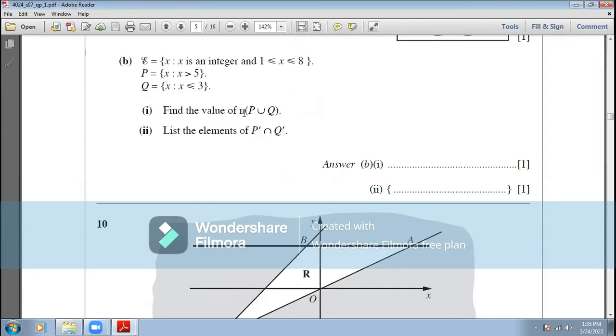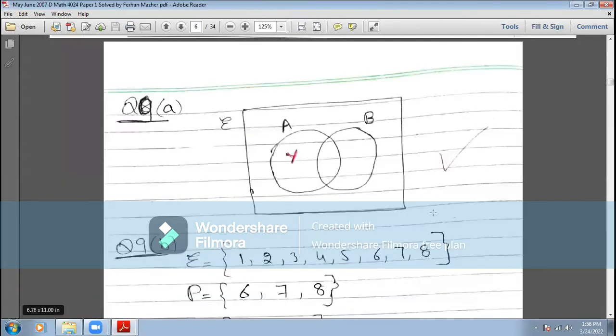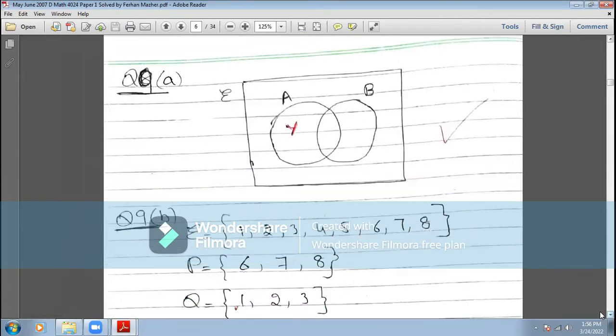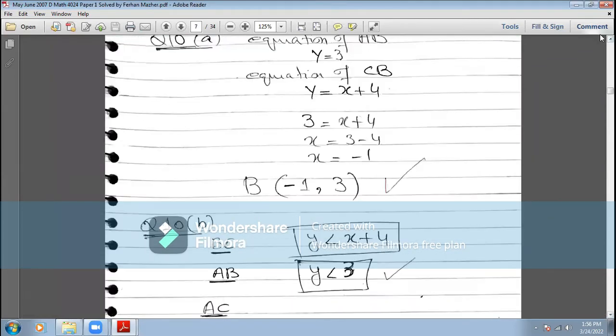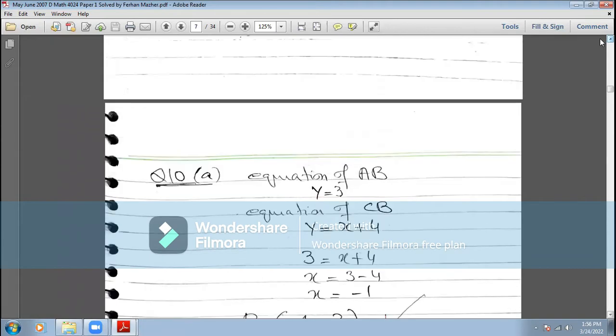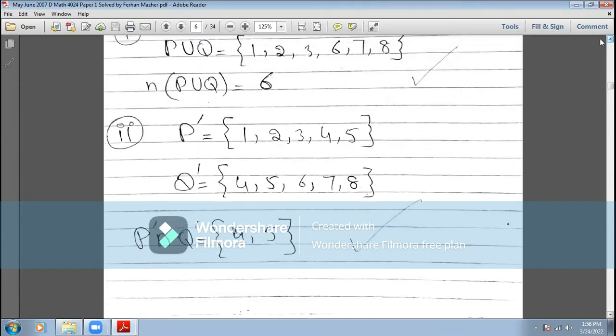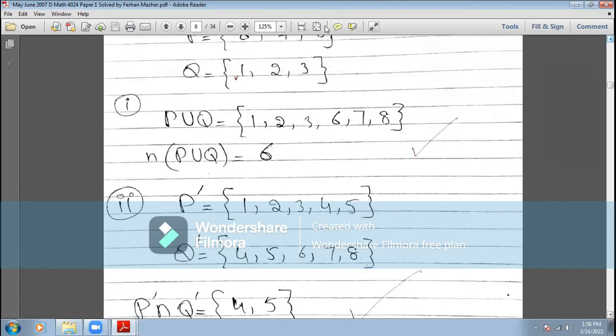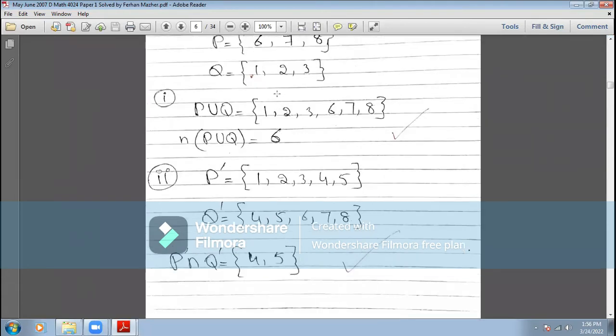The first question is to find how many members, small n, are in P union Q. I will write down the list of the universal set and the lists of P and Q, and then I will give the answer. So the universal set will be 1, 2, 3, 4, 5, 6, 7, 8. The set P will be 6, 7, 8. And the set Q will be 1, 2, 3.